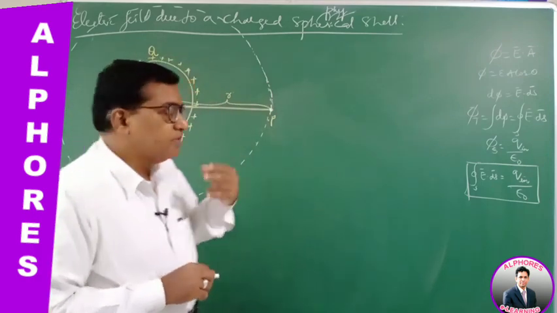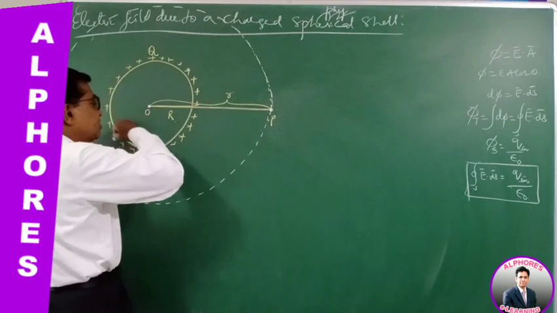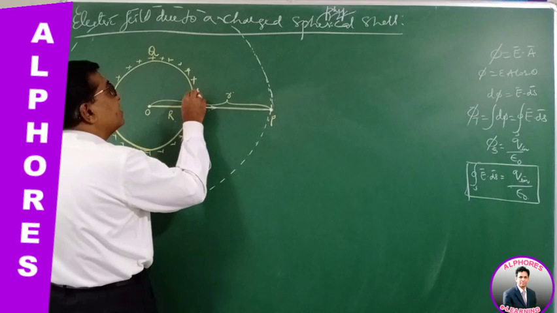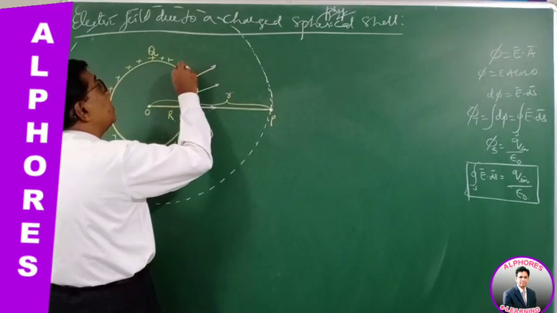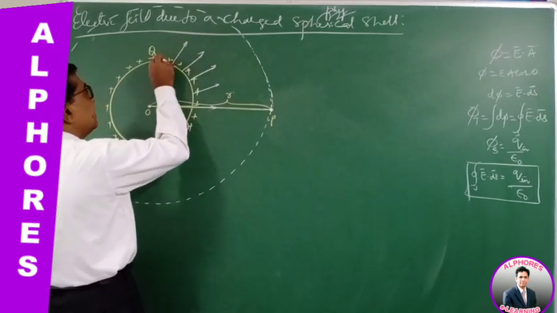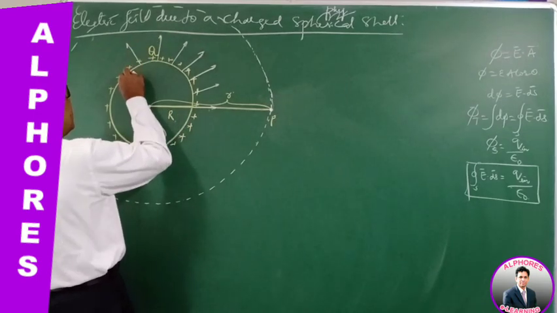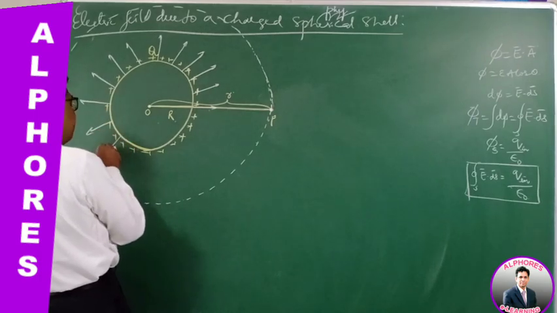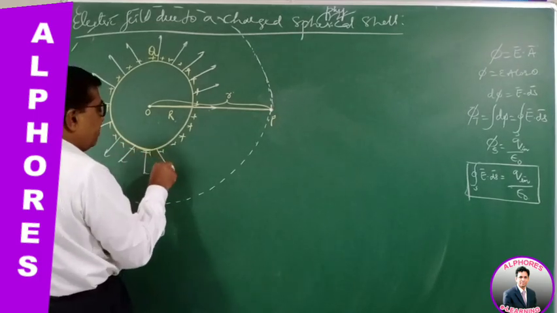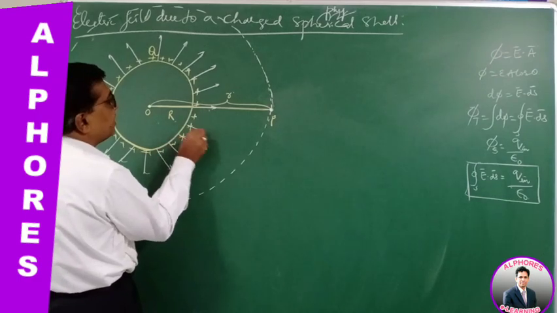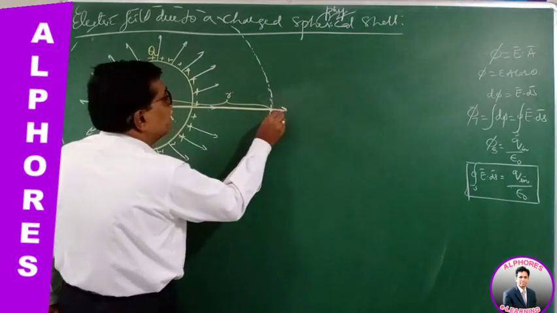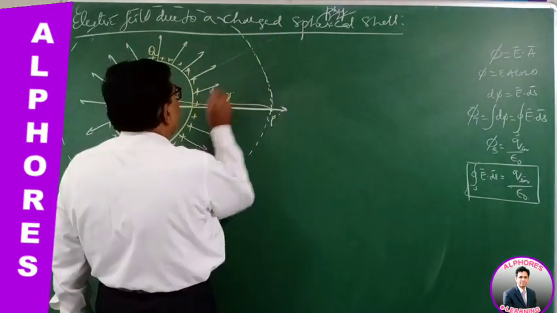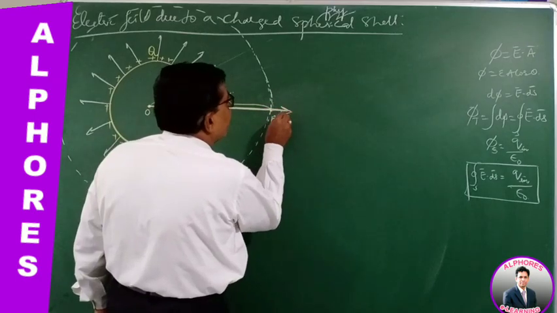Now how about the direction? Now we know for this hollow sphere, the electric lines of force start from the surface and are along the outward normal at any point on the surface. So the lines of force are along the outward normal, and the electric field direction will be along these lines of force.